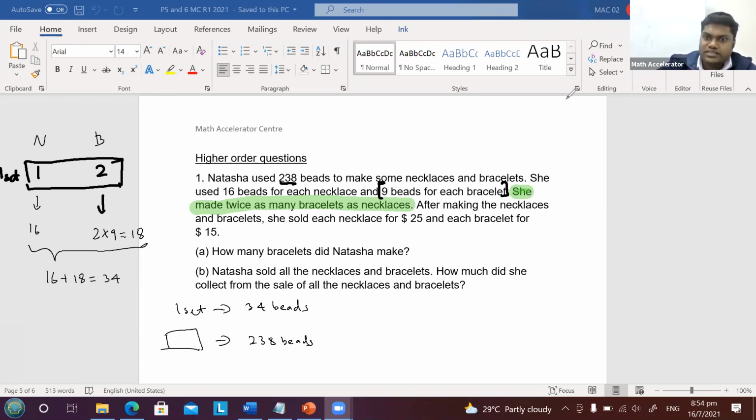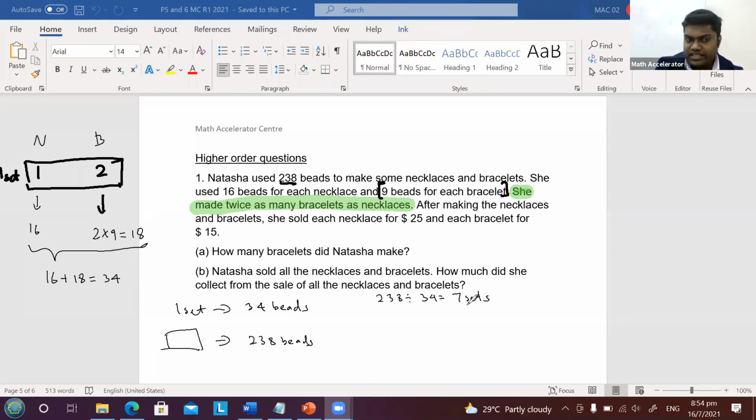Use your calculators. You can use the calculators, by the way. Yes, 238 divided by 34. You will have a total number of 7 sets. Well done, all of you.